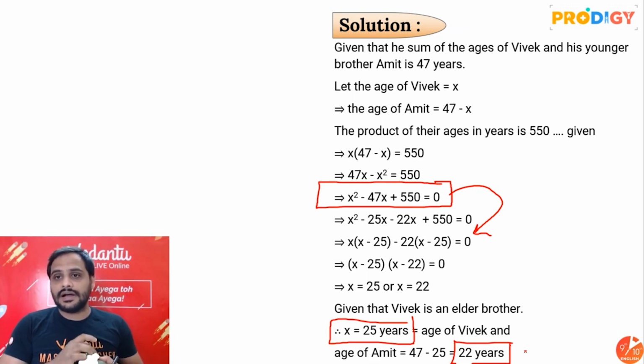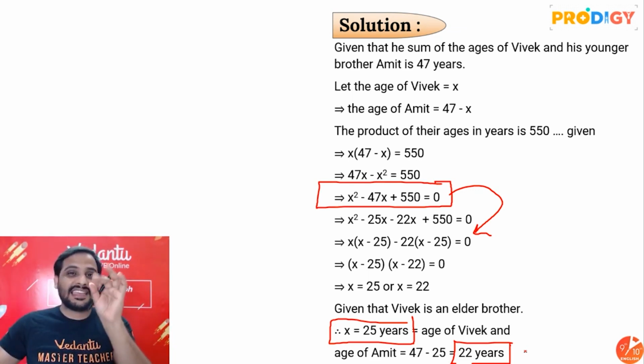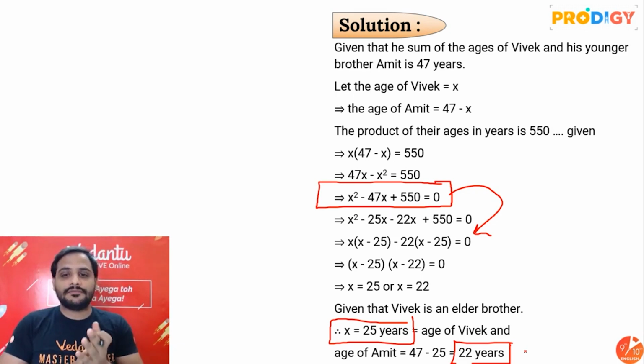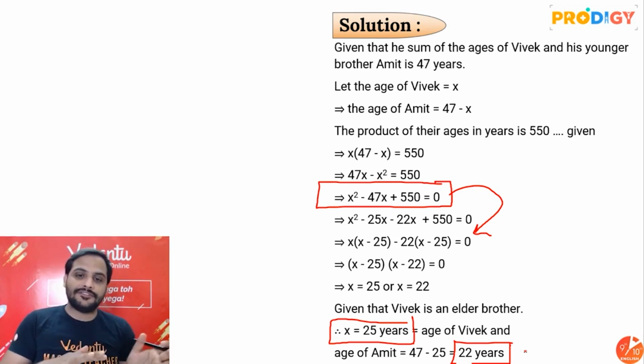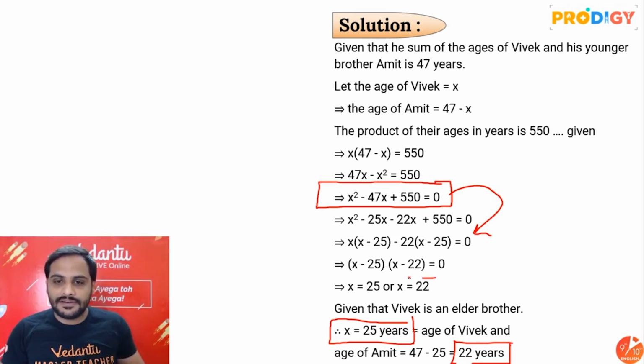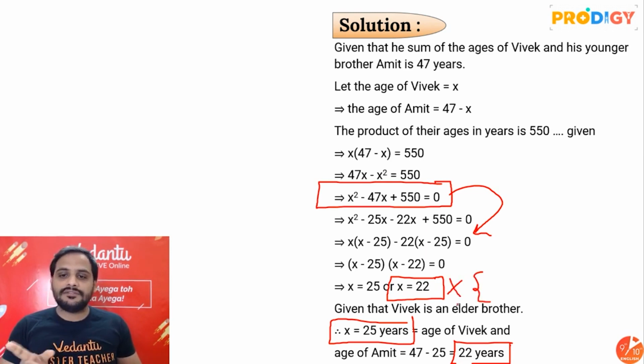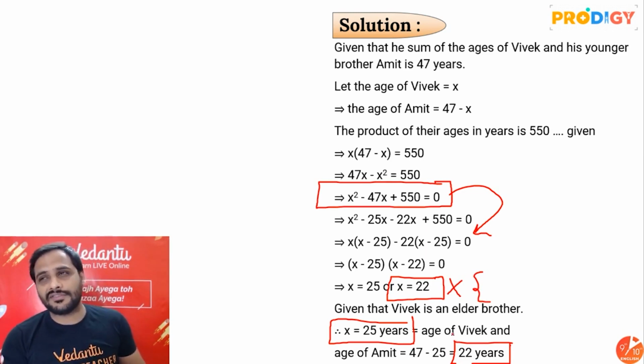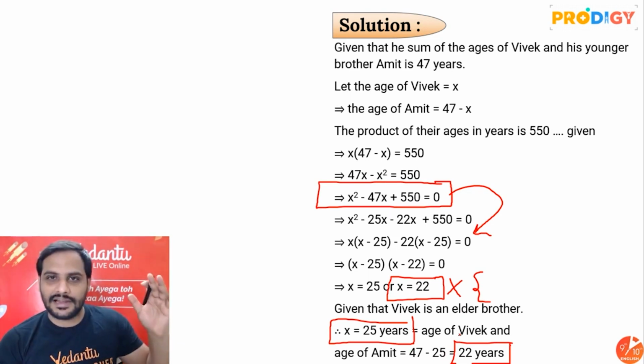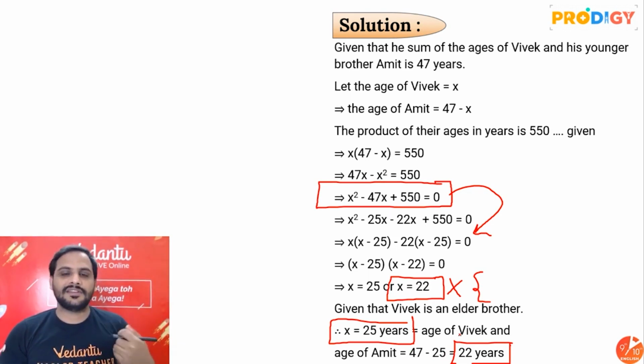So remember, according to this question, I cannot say that the age of Vivek can be 25 or 22. I will reject this solution, because if I keep the age of Vivek as 22, Amit's age becomes 47 minus 22, which is 25. So he becomes the elder brother, whereas in the question, Amit is the younger brother.